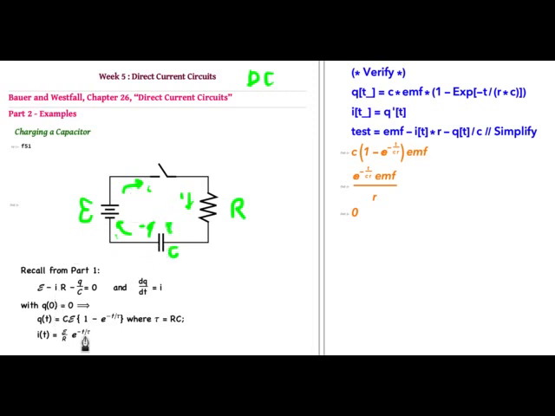And then the solution is C times E times 1 minus e to the minus t over tau, where tau is the so-called time constant. It's R times C, R resistance times C capacitance. So that has units ohm farads, and that has the units of time.